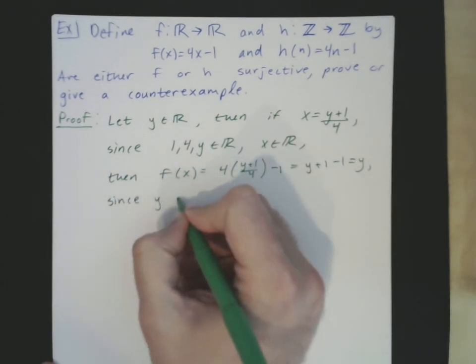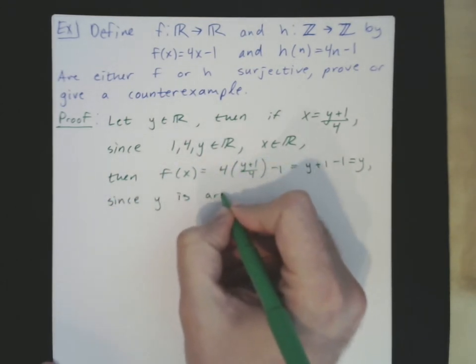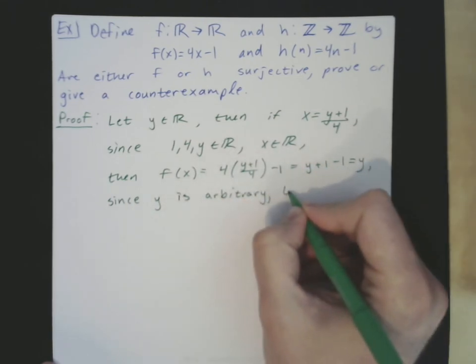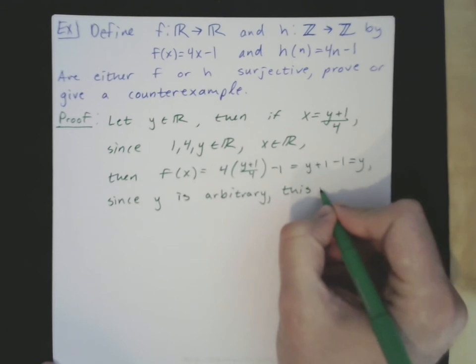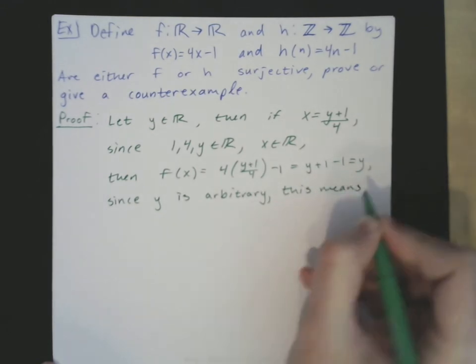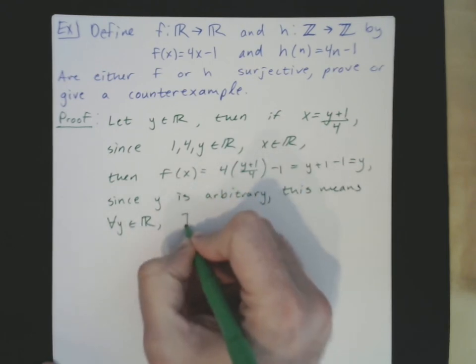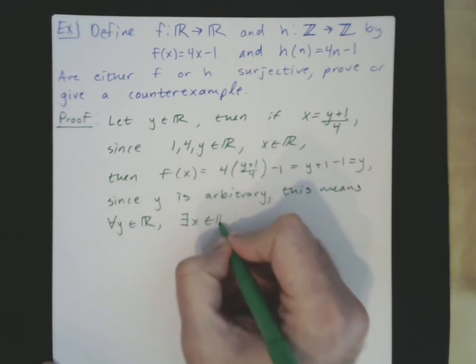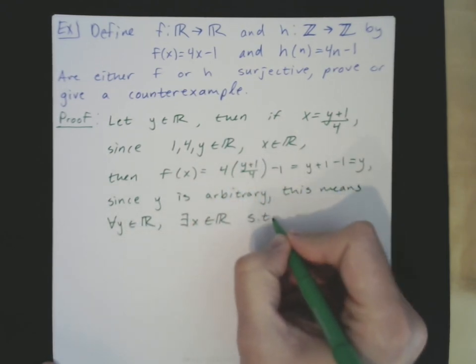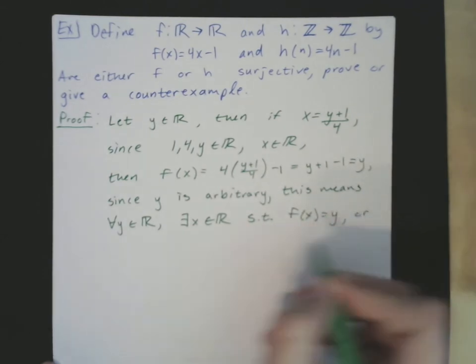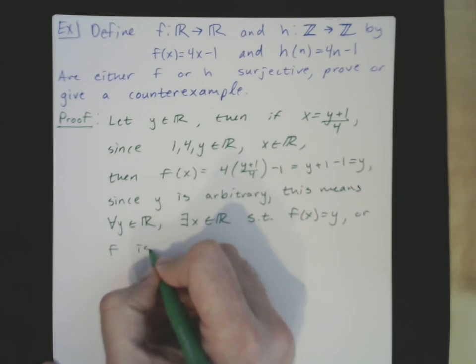Since y is arbitrary, this means for all y that are reals, there exists an x that's a real number, such that f of x equals y, or f is surjective.